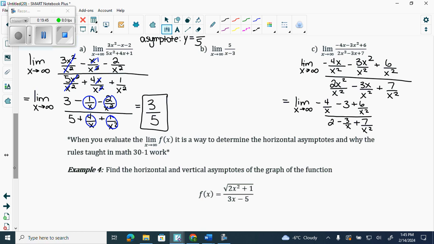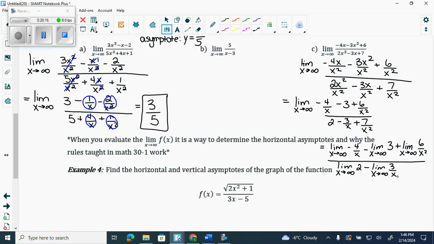You could rewrite this as the limit as x approaches infinity of -4 over x minus the limit as x approaches infinity of 3 plus the limit as x approaches infinity of 6 over x squared, all over the limit as x approaches infinity of 2 minus the limit as x approaches infinity of 3 over x plus the limit as x approaches infinity of 7 over x squared.